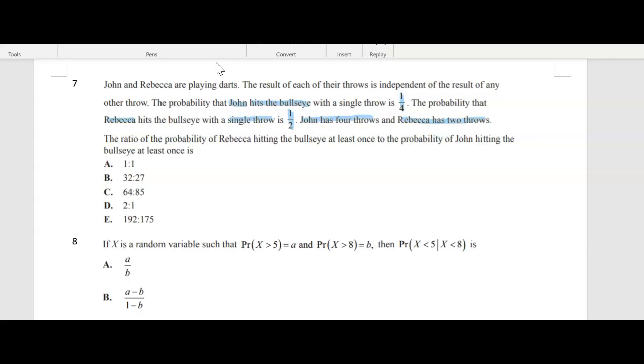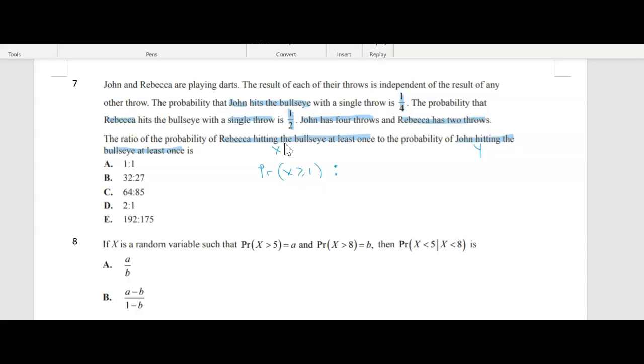The ratio of the probability of Rebecca hitting the bullseye at least once to the probability of John hitting the bullseye at least once is. Okay, so a ratio we're just going to do on the left-hand side for Rebecca. I might let the probability that Rebecca hits a bullseye be X and John be Y. So we're going to have the probability that X is greater than or equal to 1.